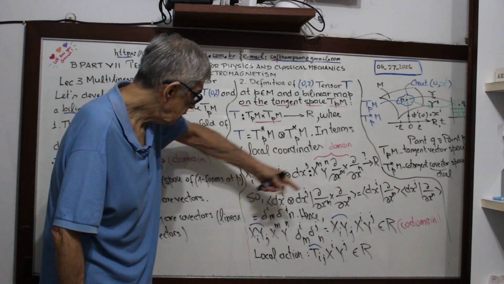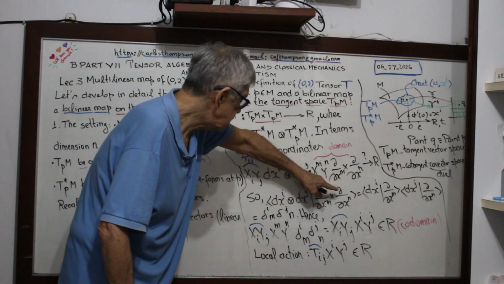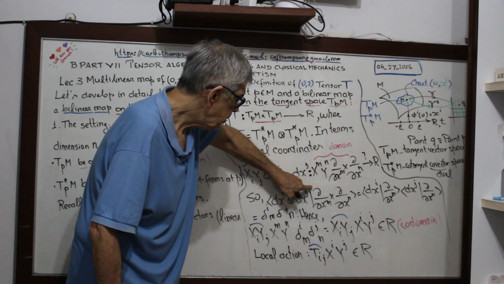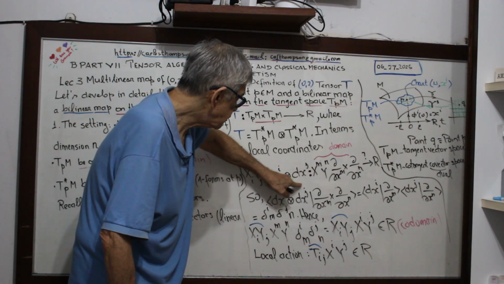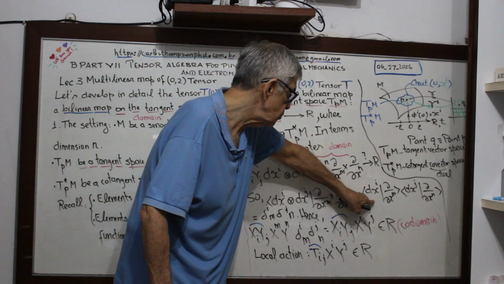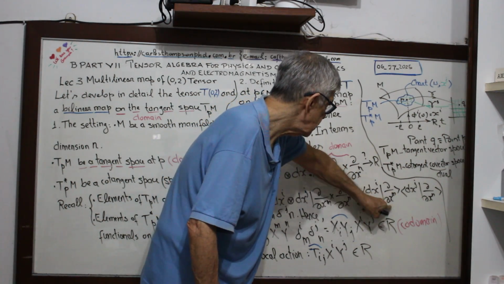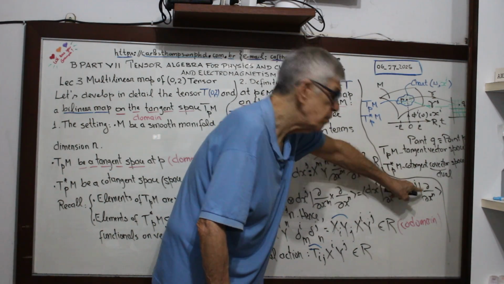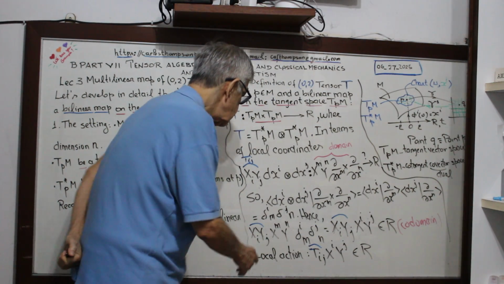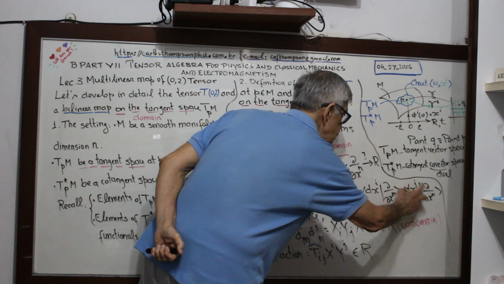Now, again, coming to this relation here, this is the inner product. This inner product over here is dxi acting on partial xm, and dxj acting on partial xn. I just wrote it over here, separated: dxi partial xm, dxj partial xn. By definition, this one is delta im, and this one is delta jn.